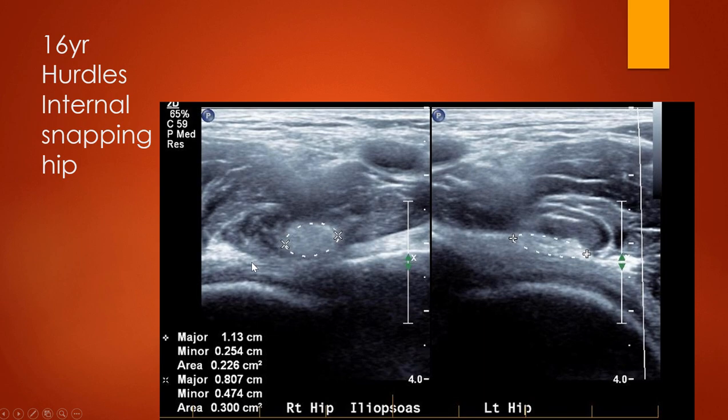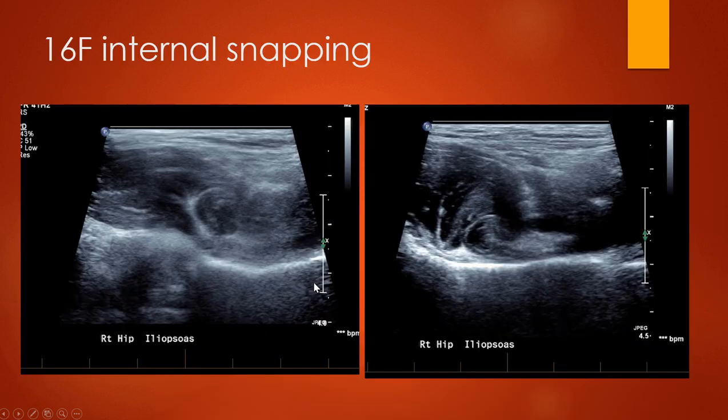And on her symptomatic side at the same location, we've got the iliopsoas tendon looking a lot larger. So using a cross-sectional ellipse tool is very helpful to be able to show that one's now 0.3 centimetres squared and the other is 0.2 centimetres squared.